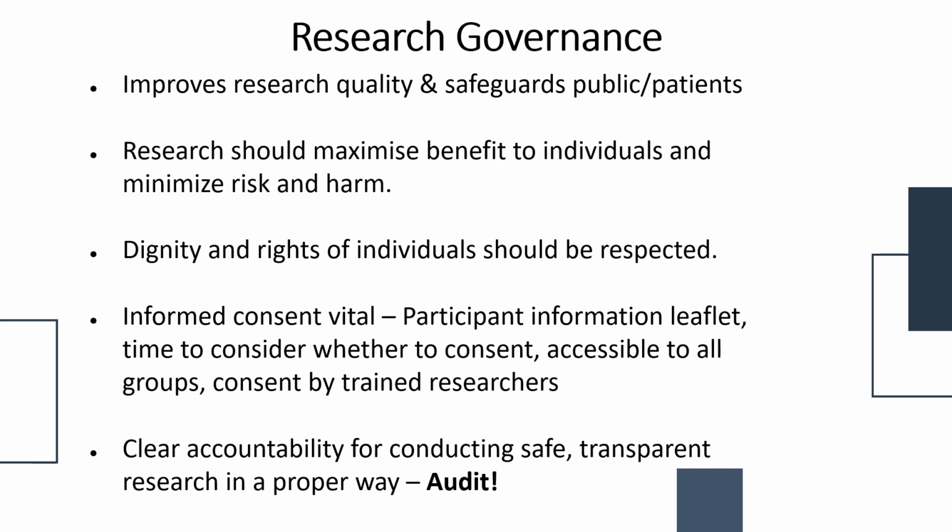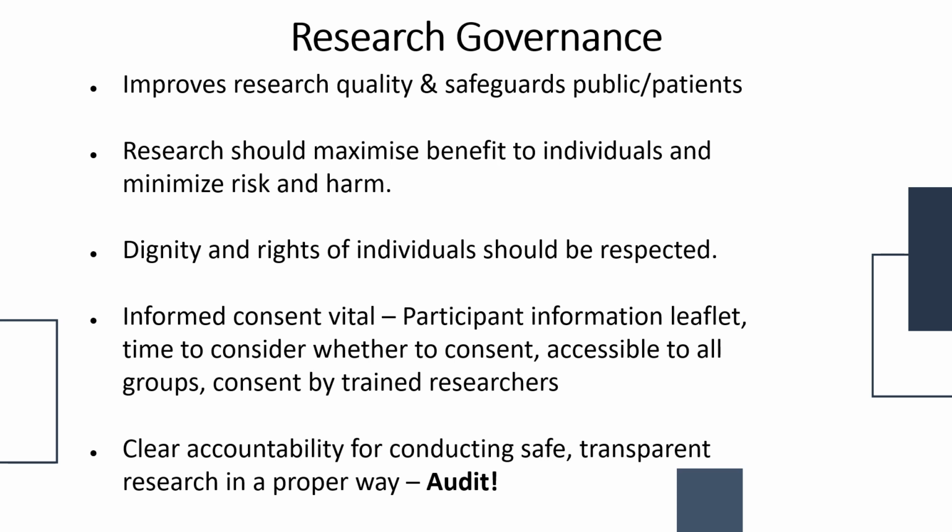There's formal consent training on how to consent for research, and it is different from consenting for a procedure. And you need to make sure that the patient is always fully aware of all of the risks and benefits of the research study, and that they know that they can withdraw at any time and that won't impact on their clinical care.